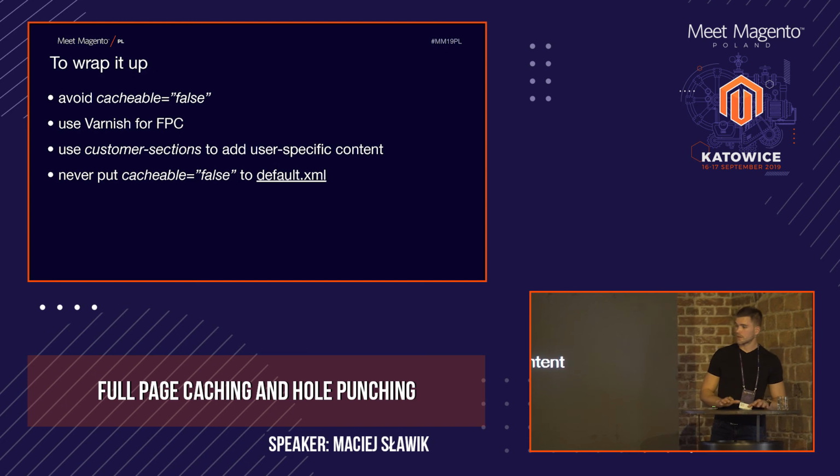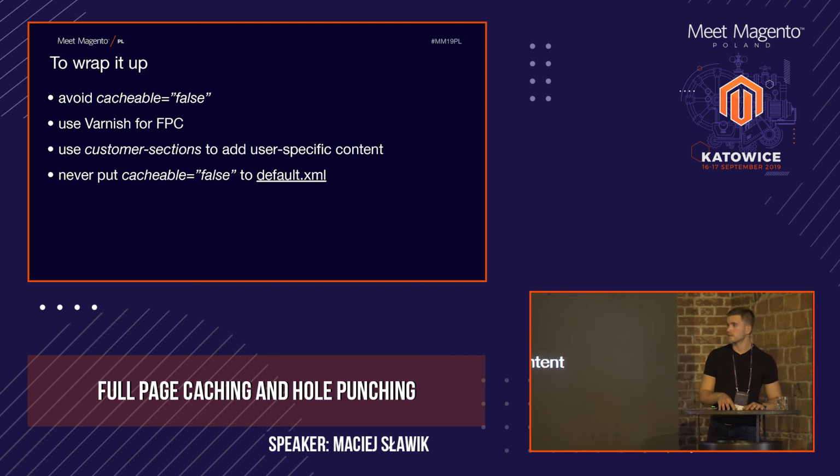To sum up, the things I'd like you to remember is to avoid using cacheable false directives on your blocks, because it will stop the page from being cacheable. It's better to use customer sections to create user-specific data, because it will decrease the response times of your application. And never put a cacheable false directive in the default XML layout, because it will stop the whole page from being cached in full page cache.